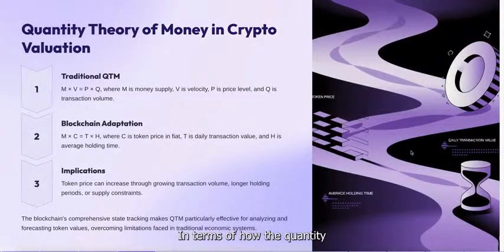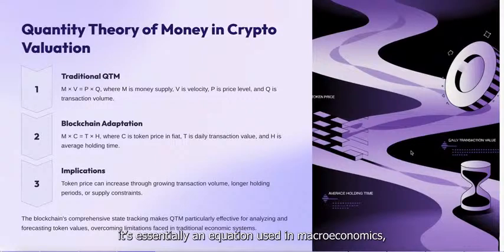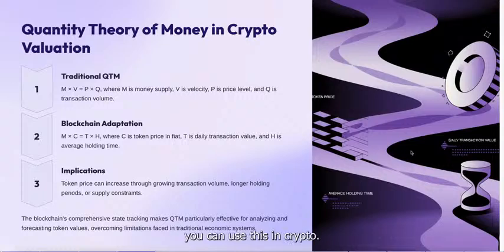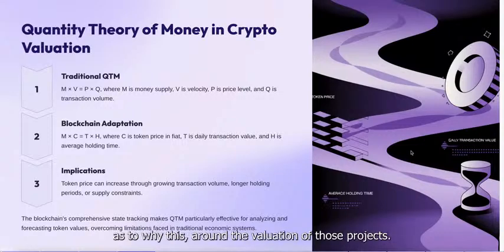As for how the quantitative theory of money works in crypto, it's essentially an equation used in macroeconomics, and with a few small adaptations, you can use it in crypto. It's a tautology: you have two sides of an equation, and once you break it down, you think, yeah, obviously A should equal B. But the key is that if you're using this to study projects at the pre-launch stage, you can come up with assumptions about things like the expected transaction volume or the holding time, and then you can come up with some estimates around the valuation of those projects.